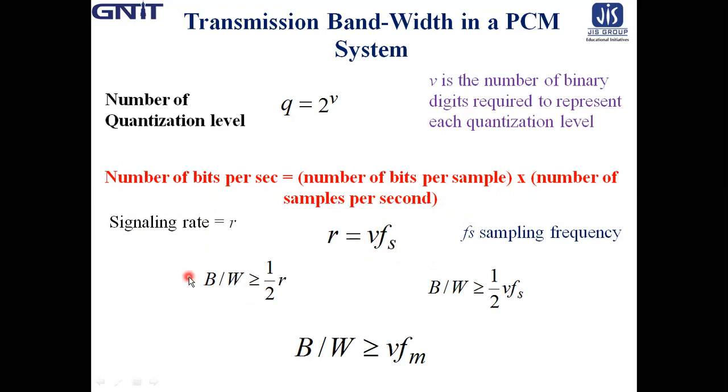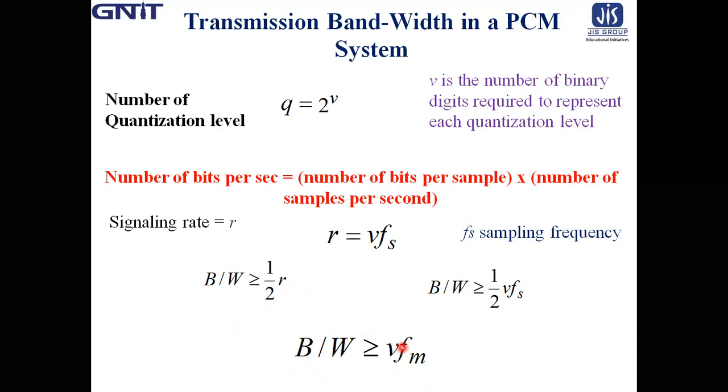Bandwidth is greater than or equal to half of the signaling rate, so V into Fs by 2. We know from the sampling theory that Fs should be greater than or equal to 2 Fm, so the 2 cancels. So the overall transmission bandwidth of a PCM system is greater than or equal to V into Fm.